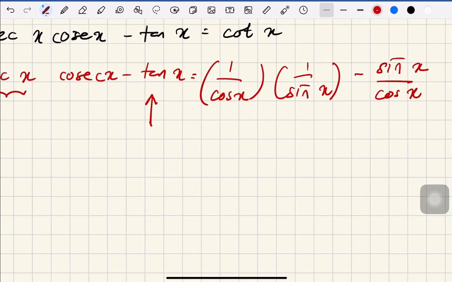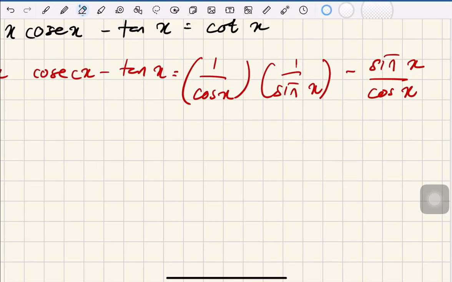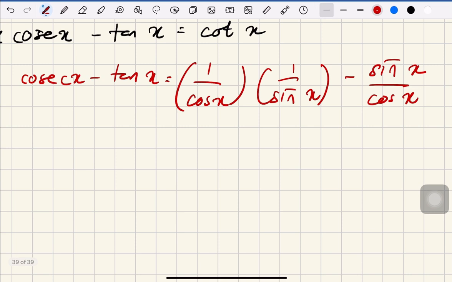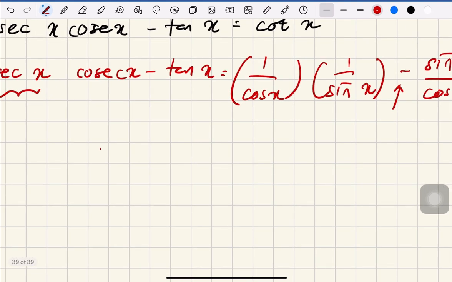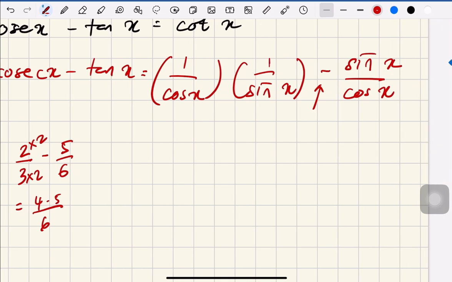Okay, so now let's look. What do we do with this one? If you see you have fractions, and then you have subtraction of fractions, might I remind you again. Let's say I have 2 over 3 minus 5 over 6. How we're going to solve this is we're going to make the denominators the same. So this one times 2 and the top also times 2, right? And then we can solve accordingly. Same goes to this one.